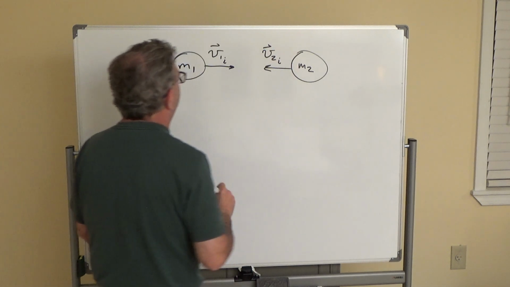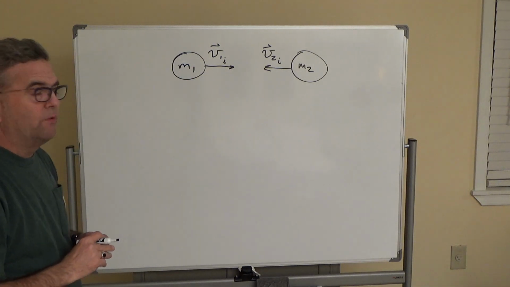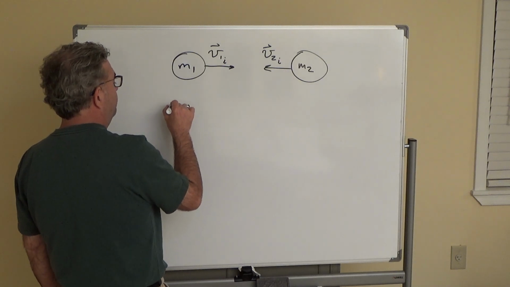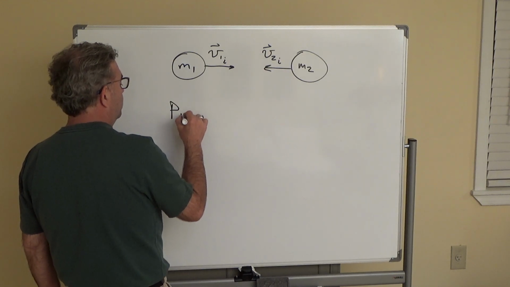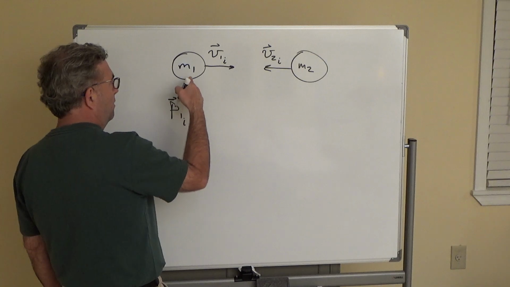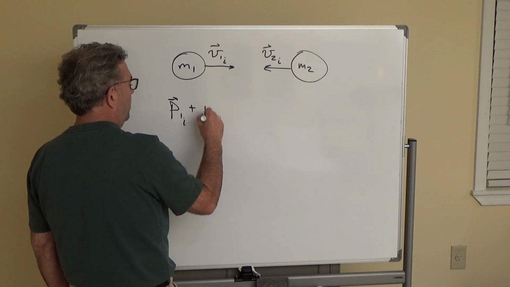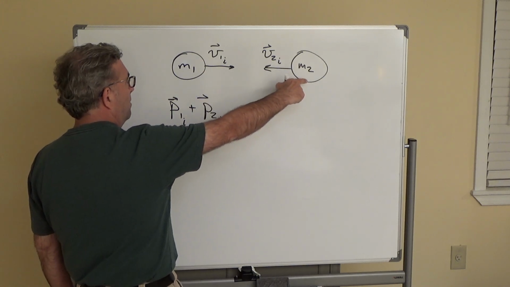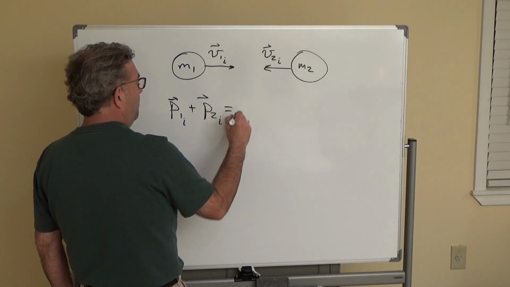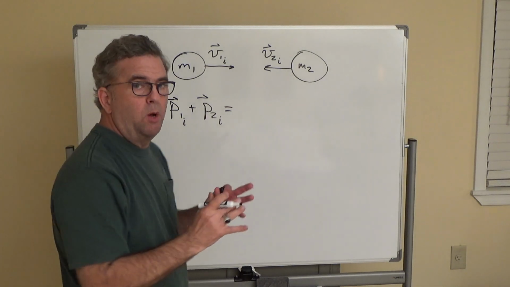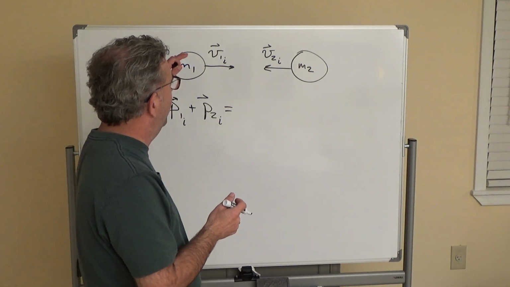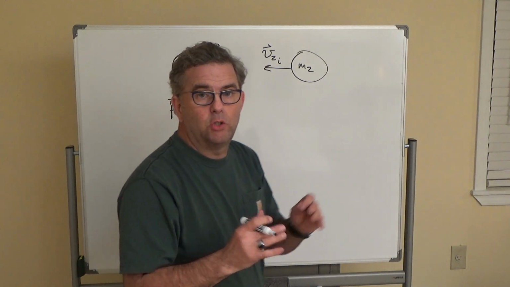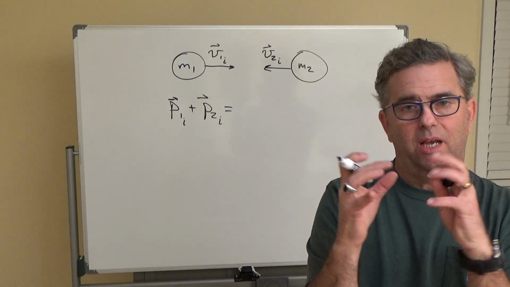Okay? And I am putting the little vector sign over them because by conservation of momentum, P1 initial, which is the momentum of M1, plus P2 initial, that's the momentum of M2, is going to equal the total momentum after the collision. This is a perfectly inelastic collision. So that means that the two objects come together and stick.